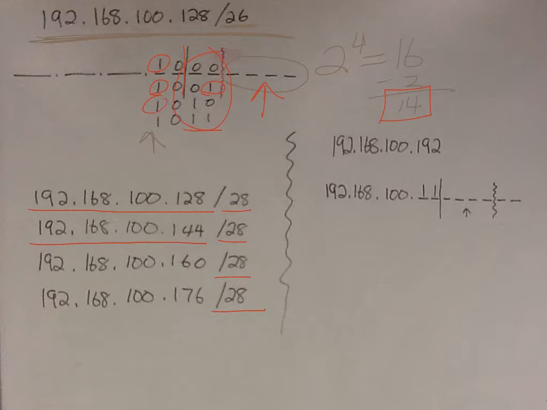And then 128 plus a 32, 160. And then 128 plus 32 and 16, 176. And then you could use one of those for that network that needs 14 addresses. And then we still have these left.